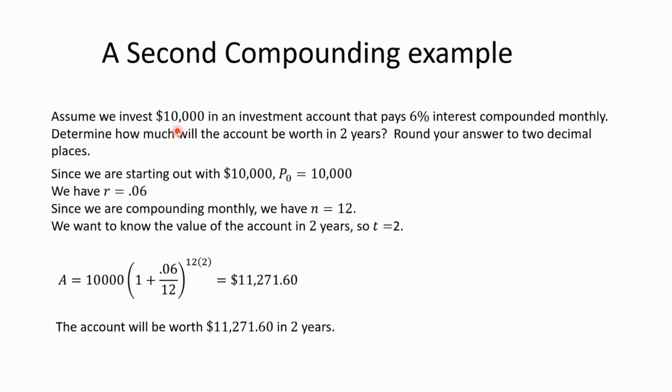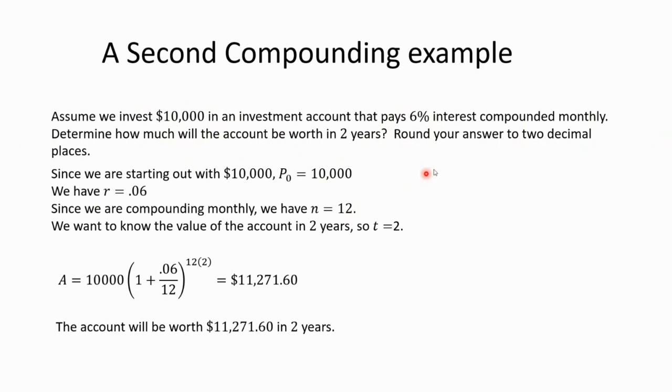Well, the initial amount, how much we invest in the beginning, that's the $10,000. That's our P0. Our R, that's the annual interest rate as a decimal, so that's 0.06. It's being compounded monthly, so once a month it's compounded, so our N is 12.